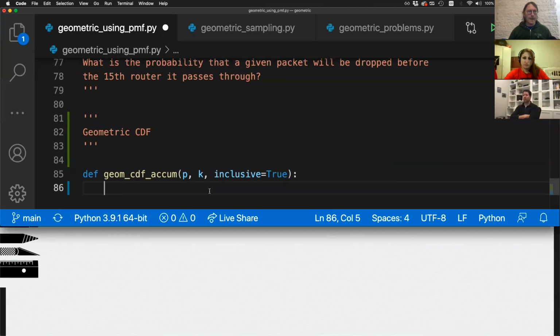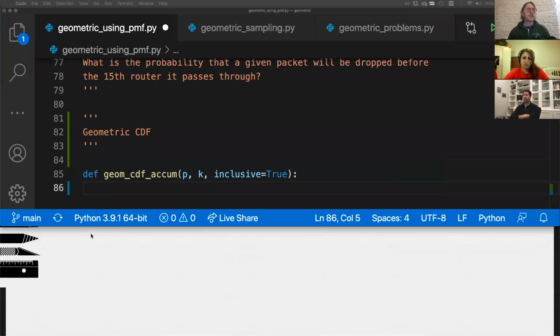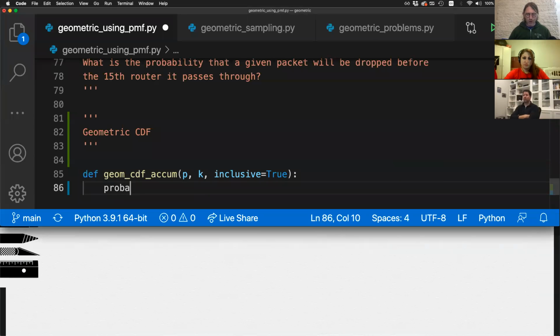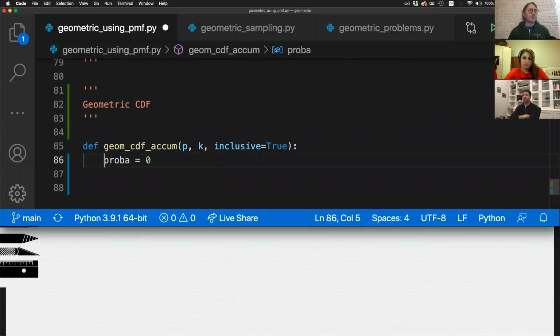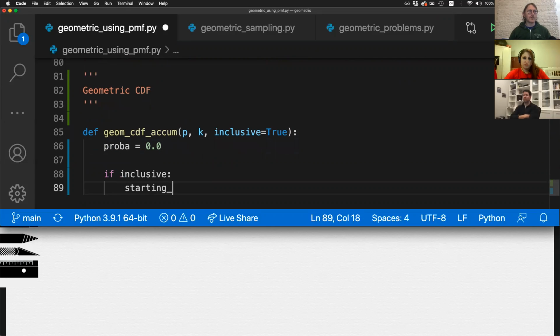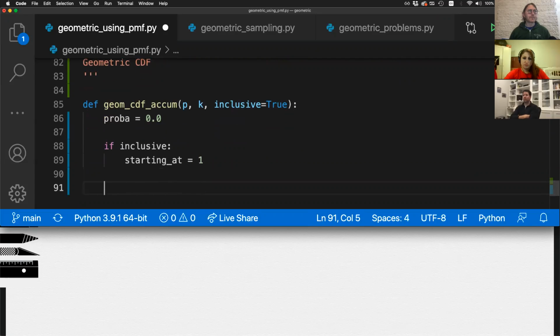Let's say we're going to accumulate the probability. We're going to say proba gets 0. And really, I should say 0.0. Not that it matters, because we're going to overwrite it. And I'm going to say if it's inclusive, we're going to start counting at 1.